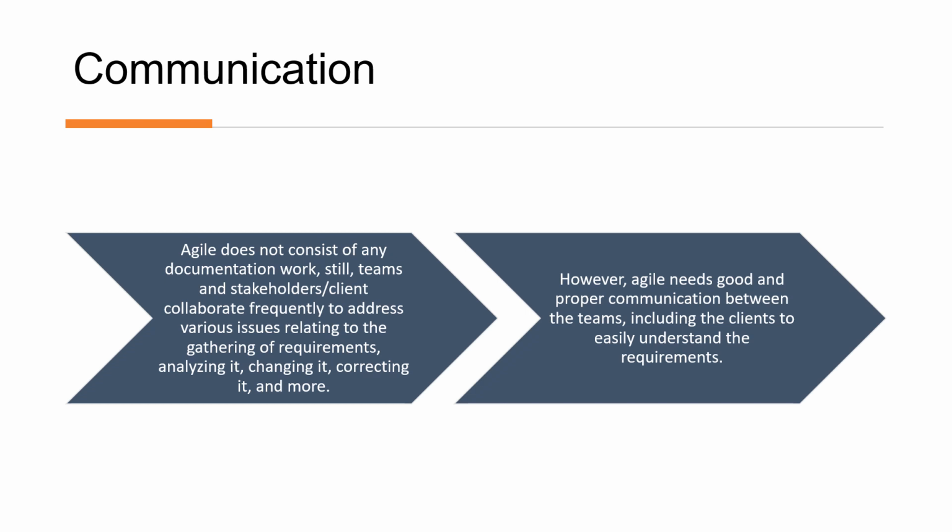However, Agile needs good and proper communication between the teams, including the client, to easily understand the requirements. That is why Agile focuses on the four ceremonies, just to maintain empiricism, adaptation and transparency so that everyone is aware of what is happening.